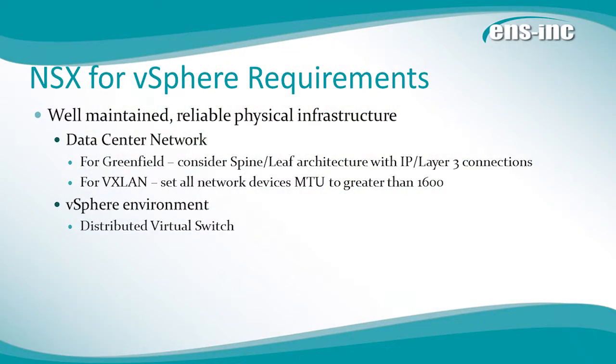So the requirements, I mentioned these already. Well-maintained, reliable infrastructure. That's the key, right? It's always been the key, but that's definitely the key here. It doesn't have to be fancy, it just needs to be rock solid. Hopefully that resonates anyway. Nothing special here. For greenfield, a spine-leaf architecture or some other kind of fabric architecture that gives you that connectivity.